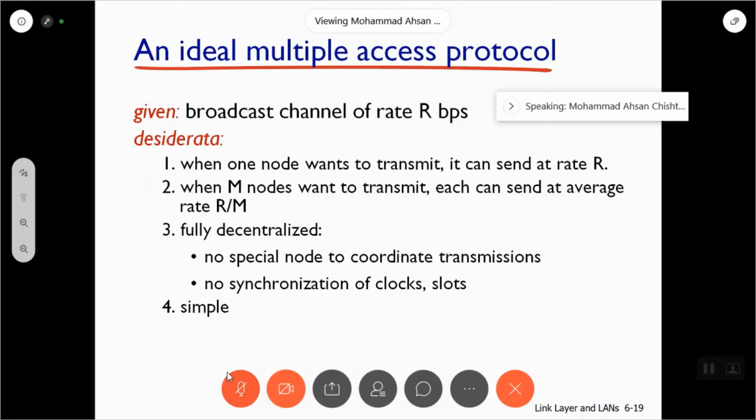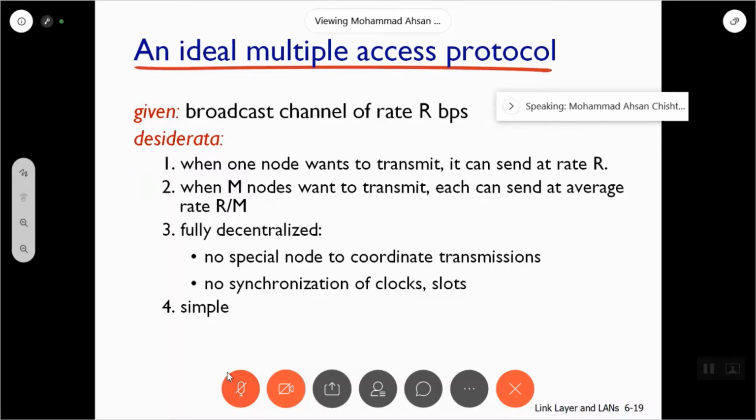We want protocol number 3 to be decentralized, with no master-slave coordination. Centralized is master-slave coordination, and we do not want that. Why? Because we know with master-slave there is a single point of failure. If the master fails, the whole system fails.